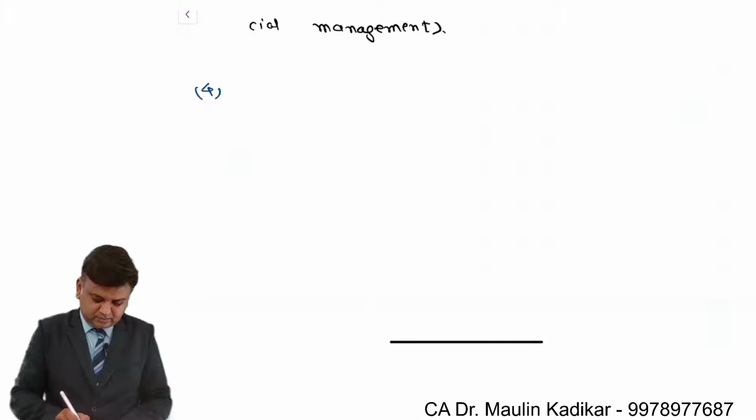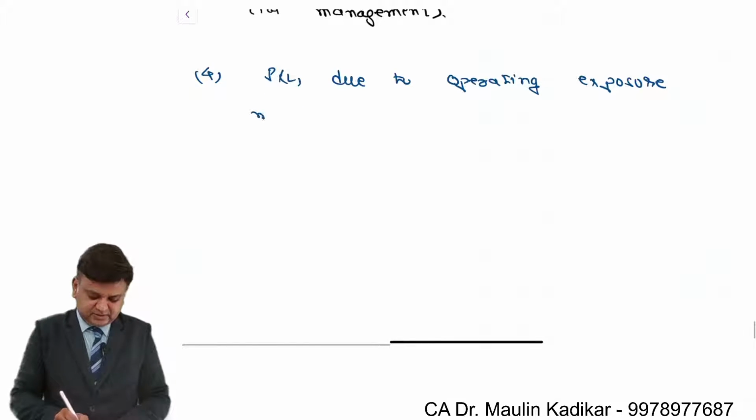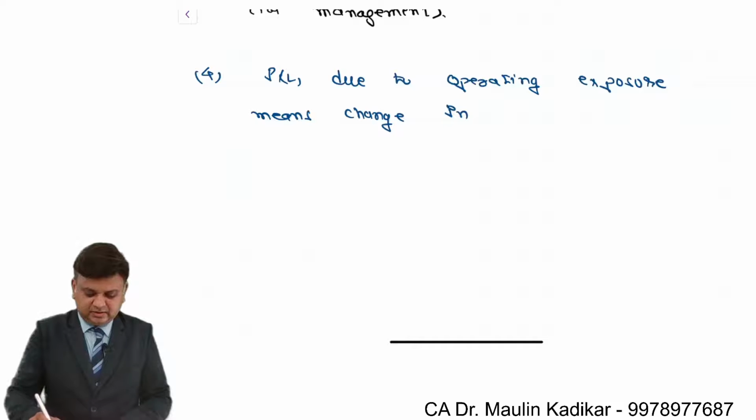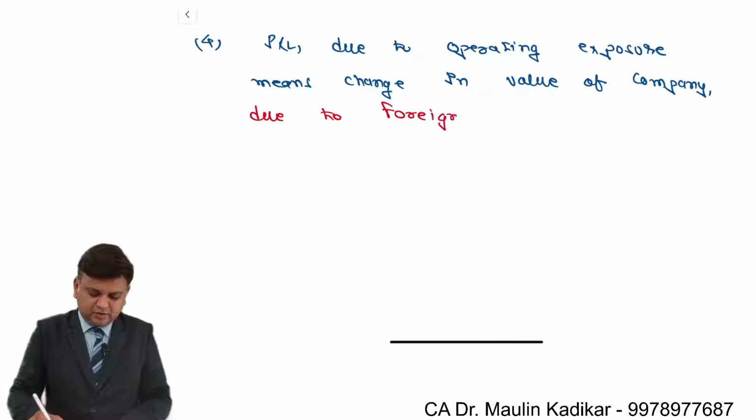Fourth point: profit or loss due to operating exposure means change in value of company, due to foreign exchange rate fluctuation.